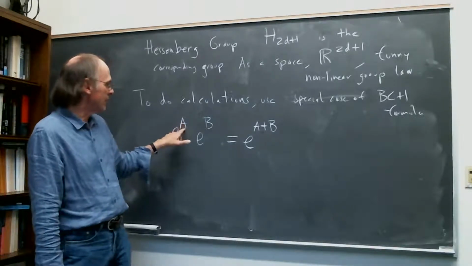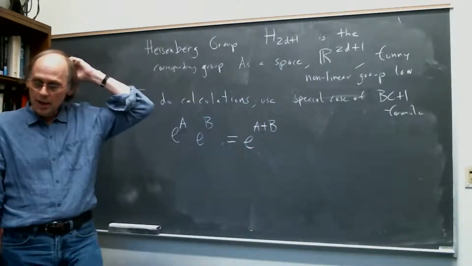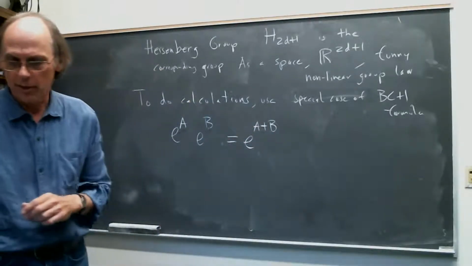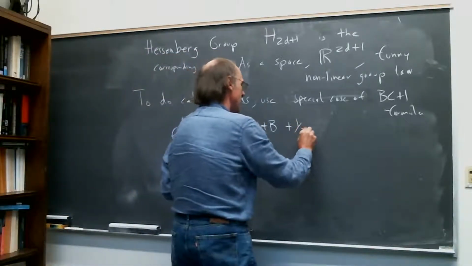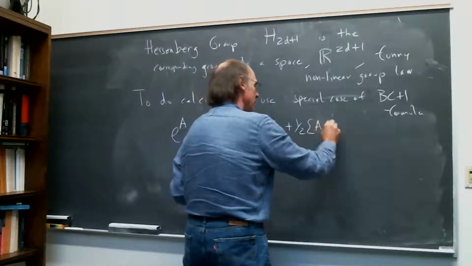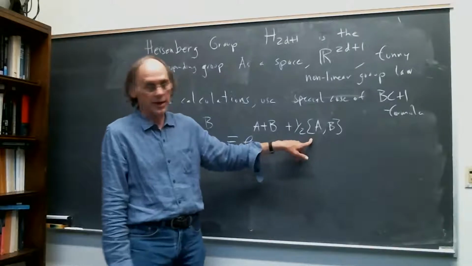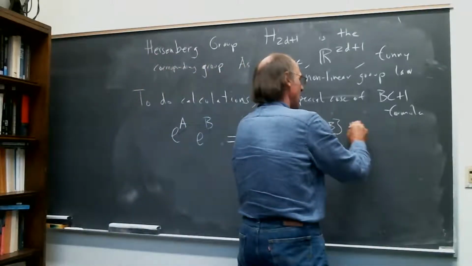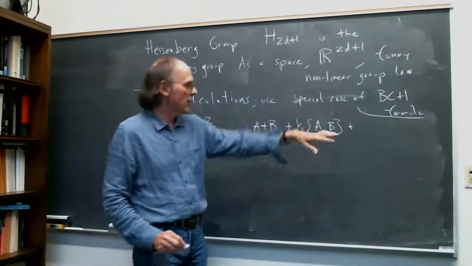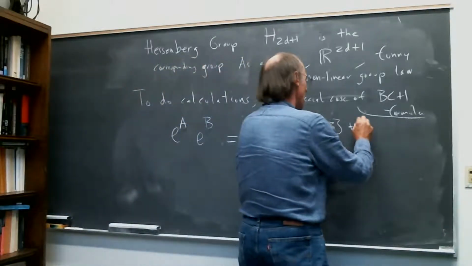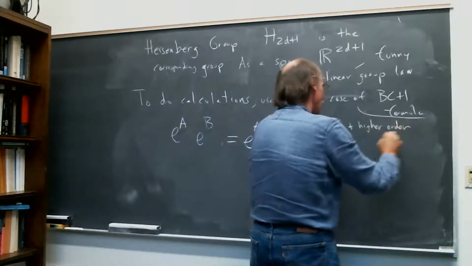You find though that if these things don't commute, then you need a more complicated formula, and you can work out what the formula is. But it goes like this. AB. This is a next term, and then what happens is you get plus some higher order commutators.